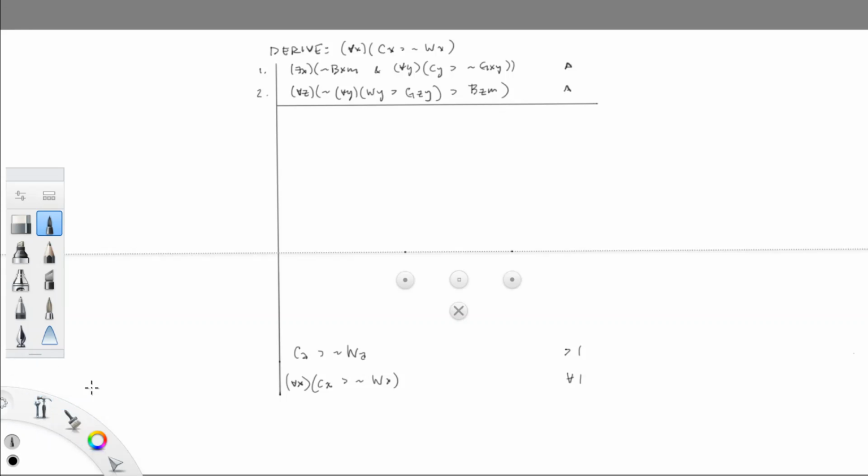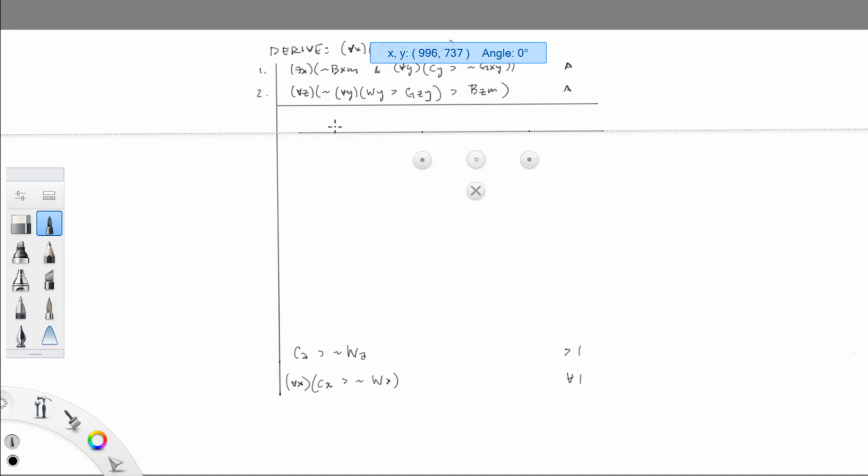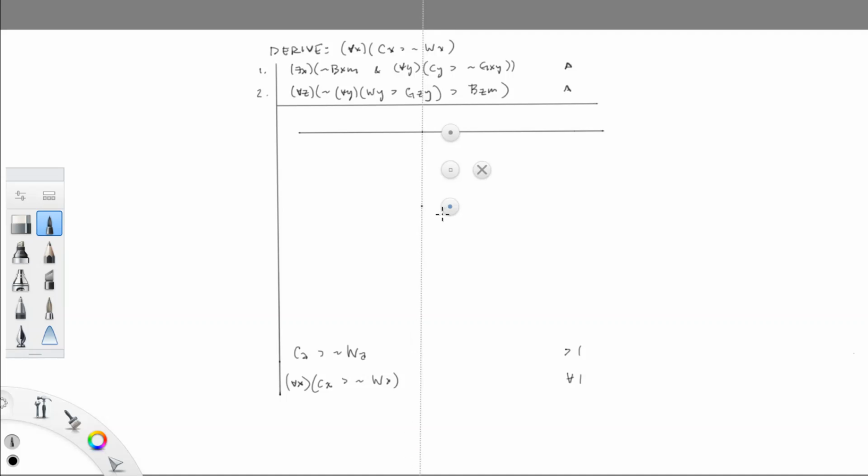And you might come up with the idea of inserting a subderivation, something like this, where you start with CA and then you land on not WA.